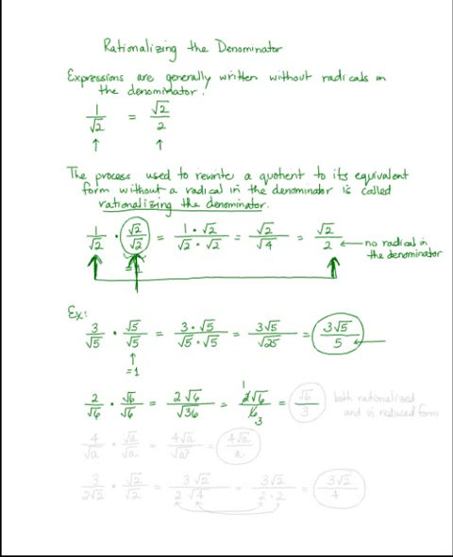This gives us 1 times the square root of 6, or square root of 6, divided by 3. So this is both rationalized and in reduced form.